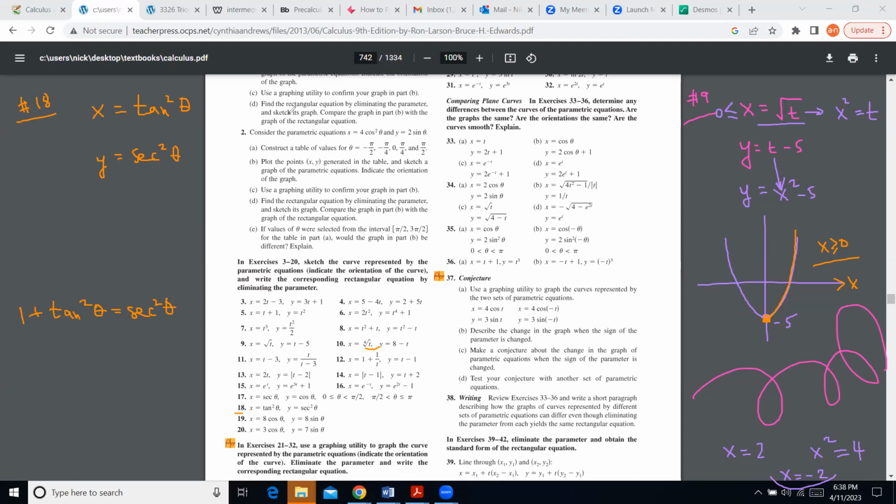So if I have such a relationship, then tangent squared I'm going to be able to replace with x, and secant squared replace with y, because this works for any angle theta. So we have a nice relationship: 1 plus x is equal to y. And this is nothing else but the equation of a line, right?